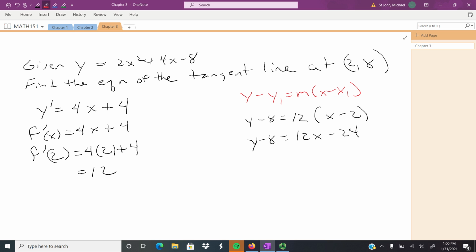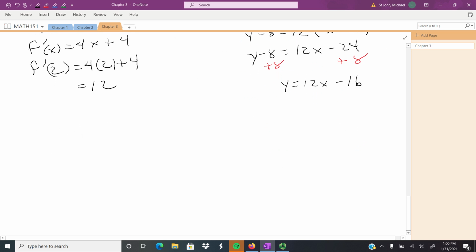Bring the 8 over, and we get y equals 12x minus 16. And we got our equation of our tangent line. Right? Well, the thing about derivatives is we can also find higher order derivatives.